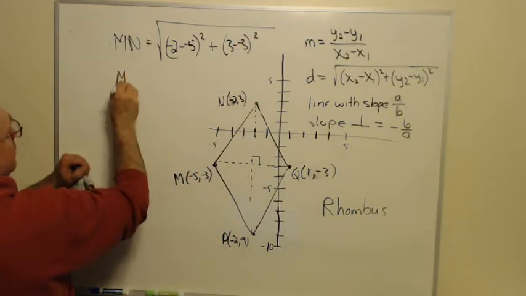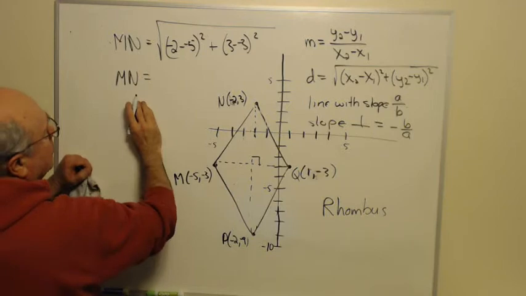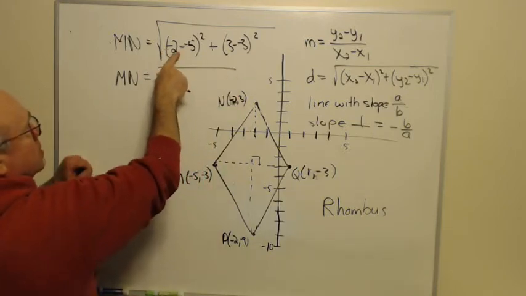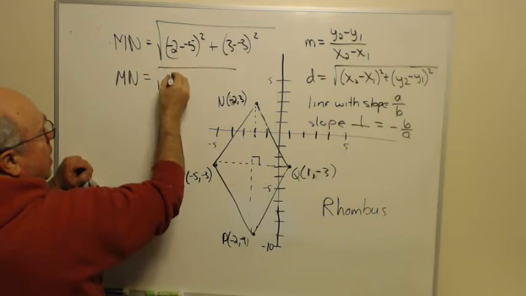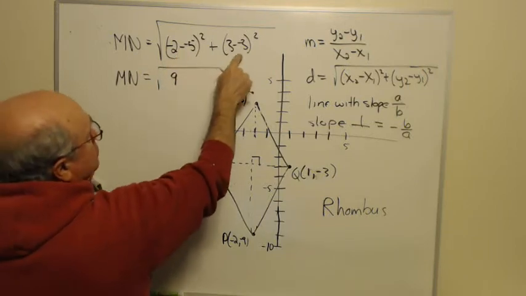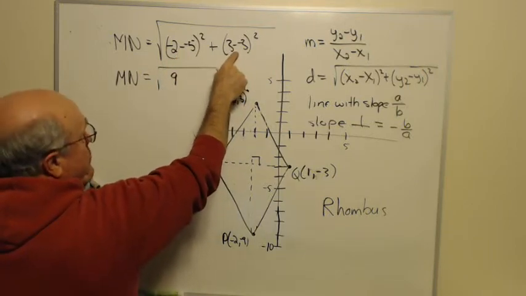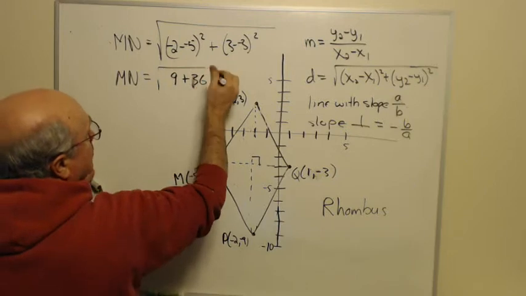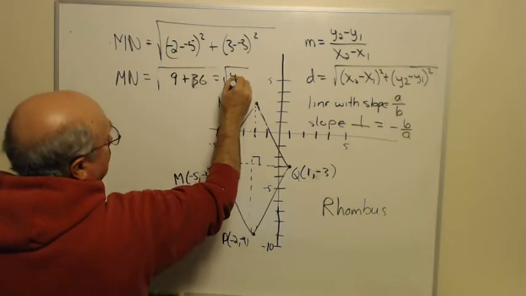So the length of MN is the square root of, well, negative 2 plus 5 is 3 squared is 9. And this is going to be 6, and 6 squared is 36. So I'm getting the square root of 45.